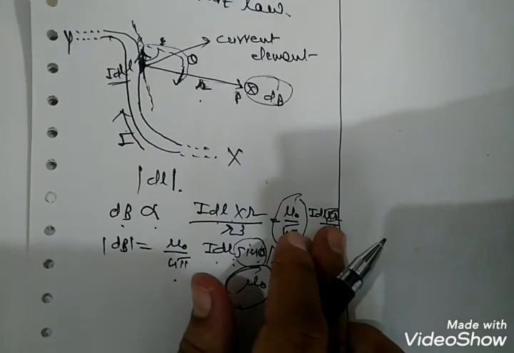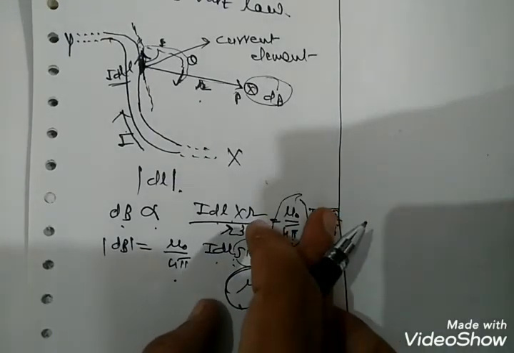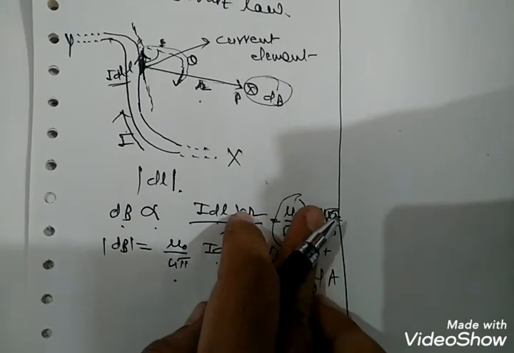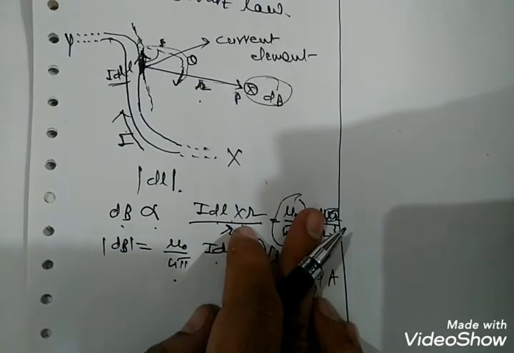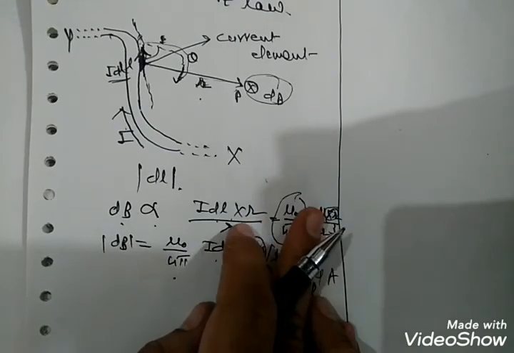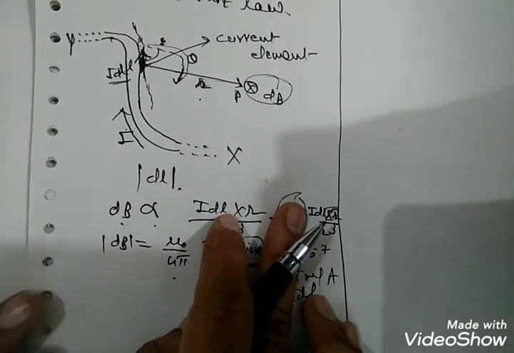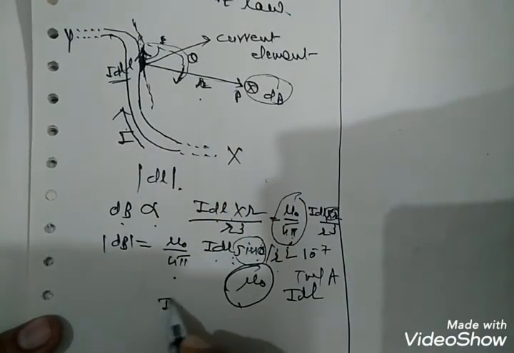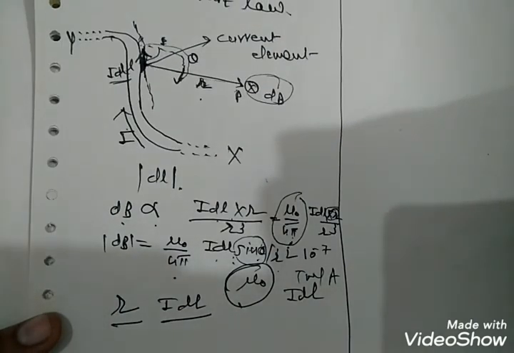Next, the electrostatic field is along the displacement vector joining the source and the field point.